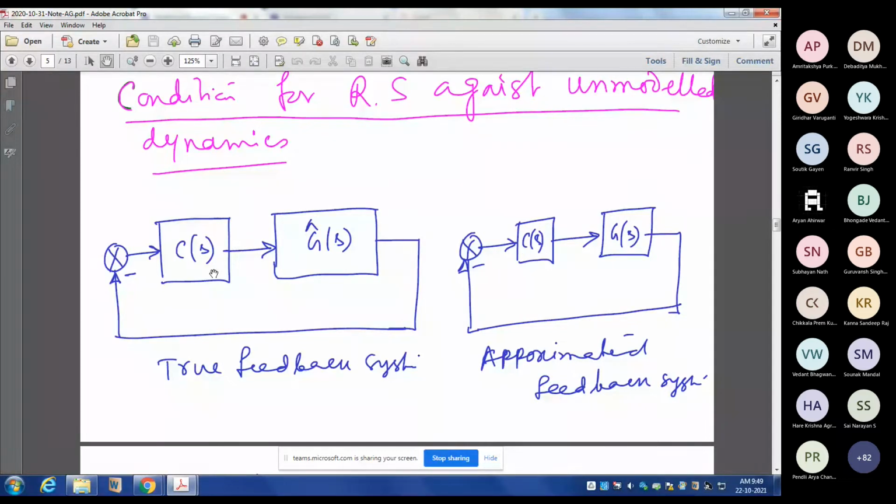I have not designed C(s) for G hat(s), because in G hat(s) many terms are unknown. I have designed C(s) for G(s), the nominal plant. But under which situation the stability of this one will also guarantee stability of this loop, that you will find. Okay.